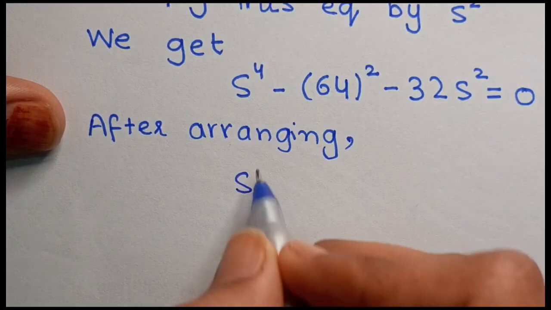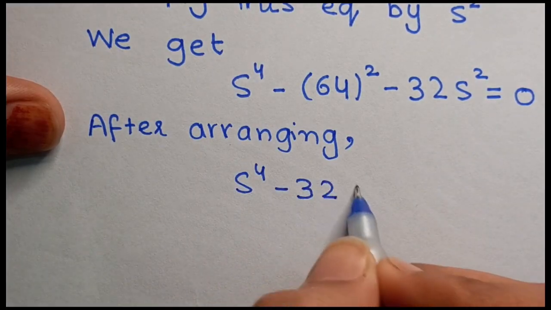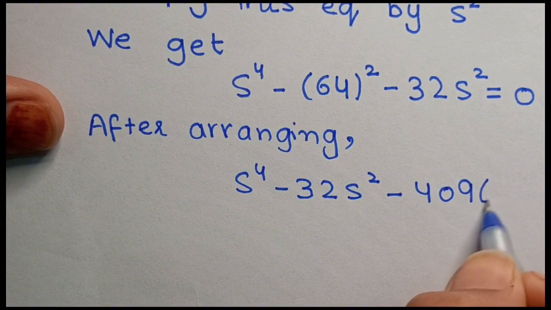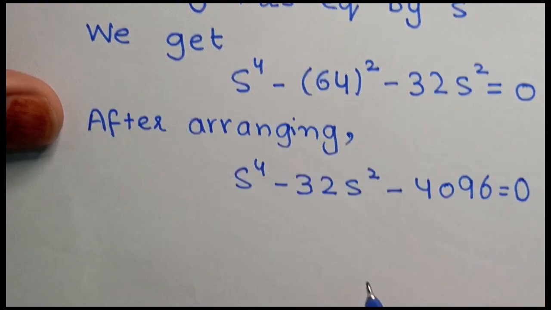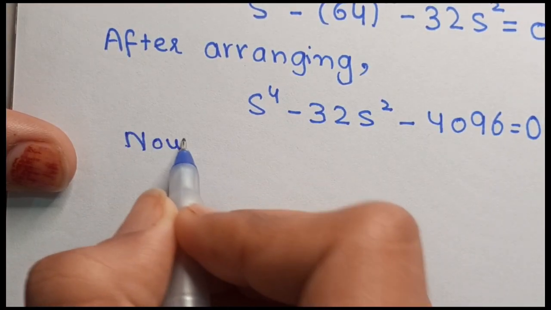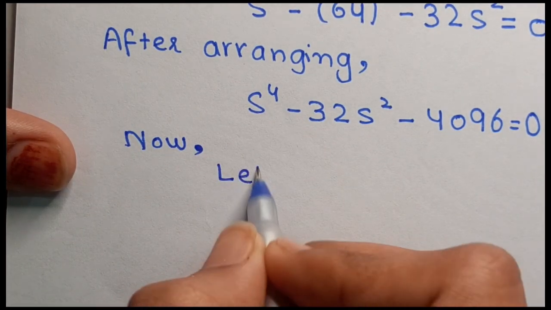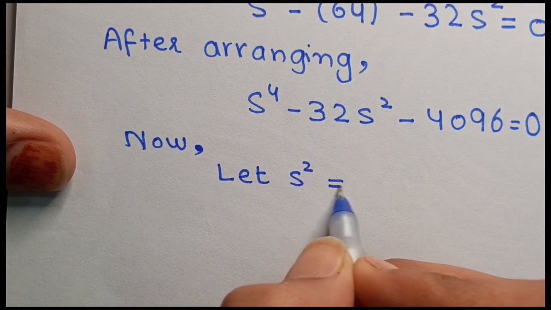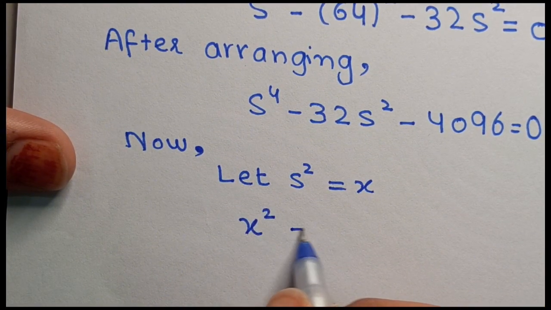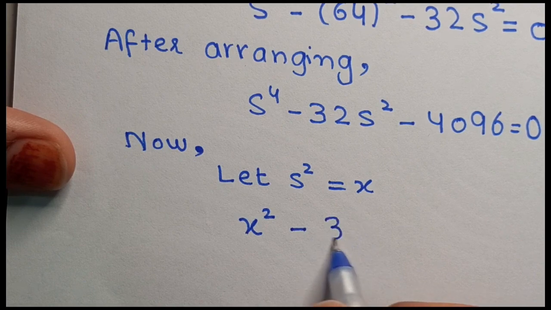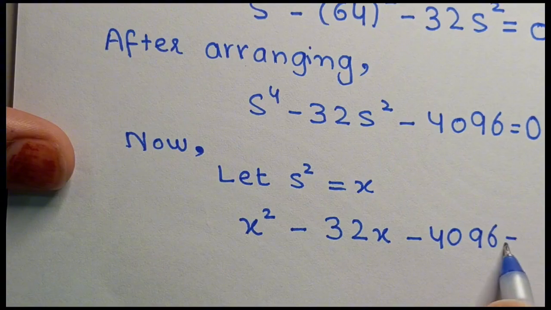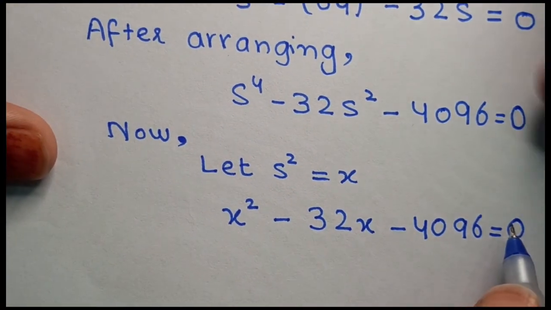After arranging, s to the 4 minus 32 s square minus 64 whole square is equal to 0. It becomes in the form of a quadratic equation. Let s square is equal to x, so it becomes x square minus 32x minus 4096 is equal to 0.